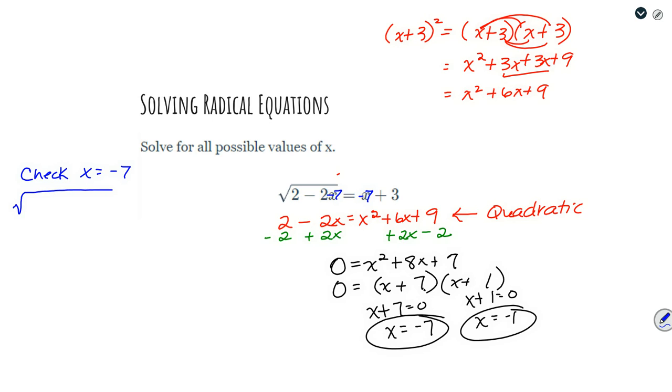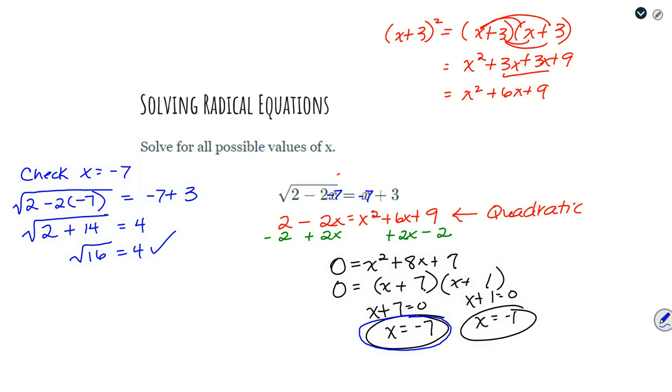So the square root of 2 minus 2 times negative 7, I want to see if that's equal to negative 7 plus 3. So that would be the square root of 2 plus 14. Is that equal to 4? 2 plus 14 is 16, and yes, the square root of 16 is 4. So that means x equals -7 is not extraneous. It is a solution.